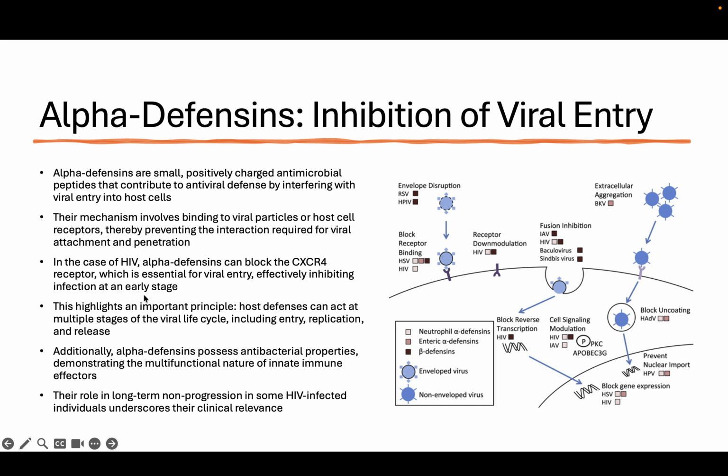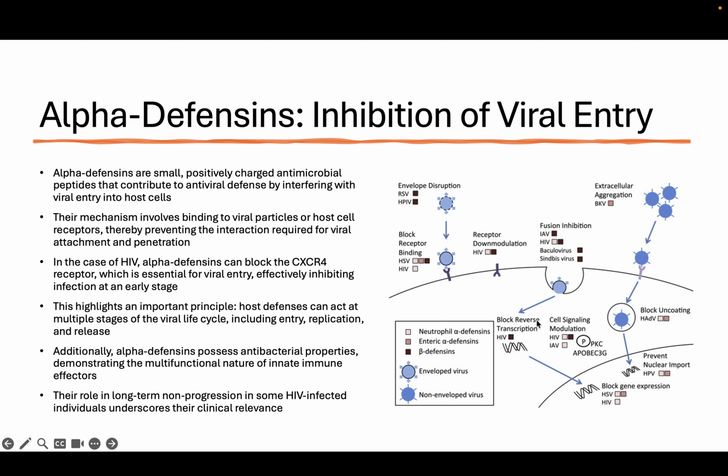Other than that, host defenses can also act in the viral life cycle, not only in entry but also in replication. What I mean by this is that they don't only bind to the receptors; they can also bind to other viral proteins.